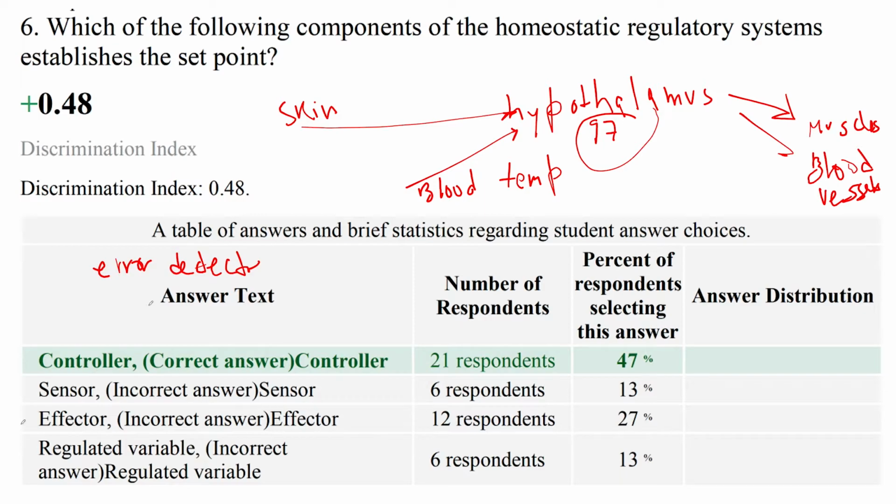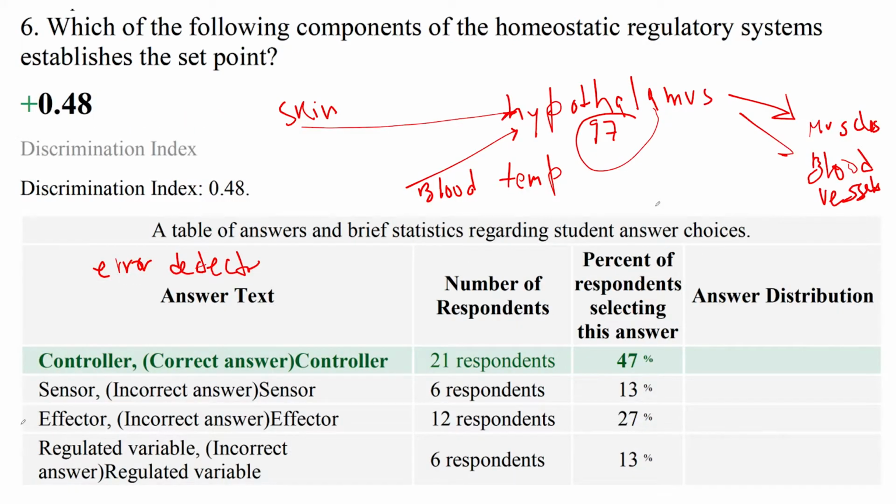The effector acts following instructions of the control center to re-establish the value of the regulated variable towards the set point, in the opposite direction of the change that stimulated, or set in to work, that homeostatic mechanism.